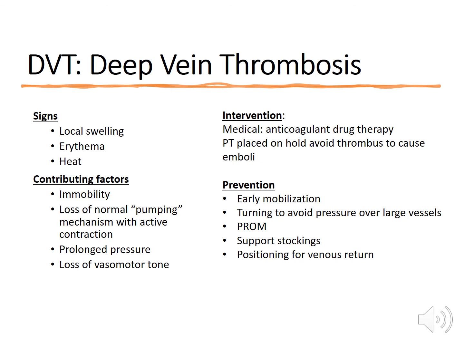Contributing factors to this are immobility, loss of that normal pumping mechanism with active contraction, the patients that are in prolonged bed rest and there's prolonged pressure, or loss of the vasomotor tone. So the intervention medically, anticoagulation medications are given. PT should be placed on hold to avoid that thrombus becoming an embolism.